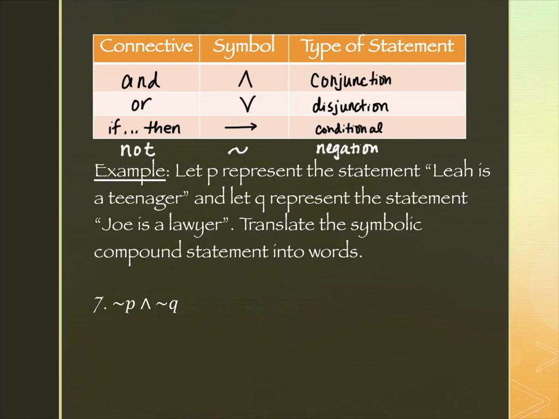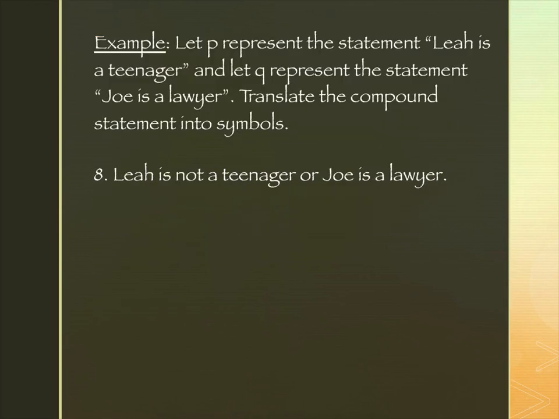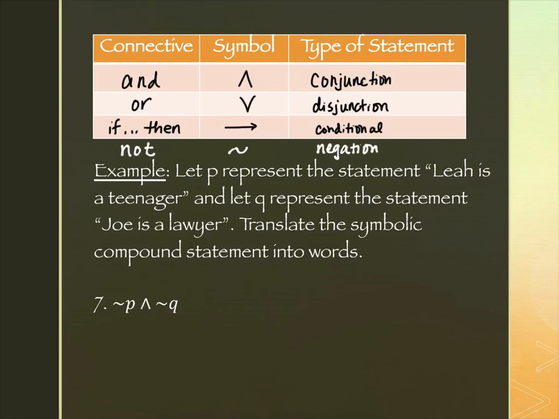So what our next couple of examples are going to do is they're going to take either symbols and have us write out the words that go with them, or over here, words, and turn them into the symbols. We're just transposing language, okay? So what does this tilde mean? Not, or the negation of a statement, right?